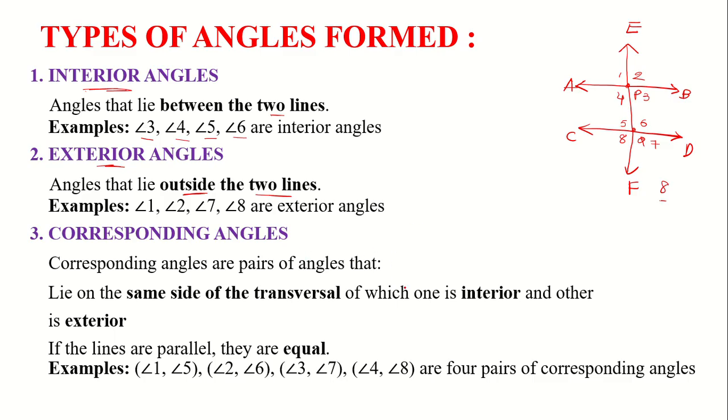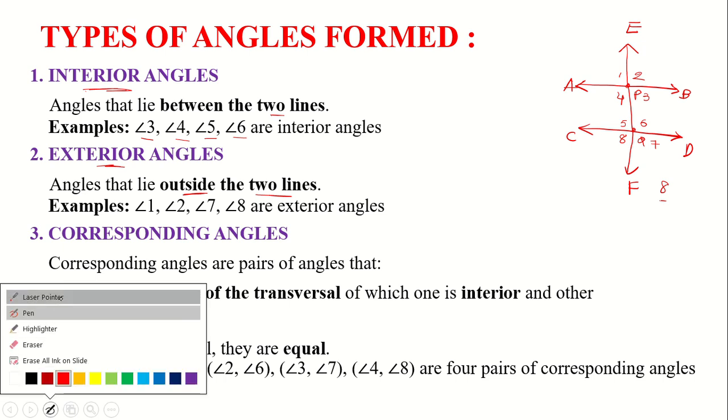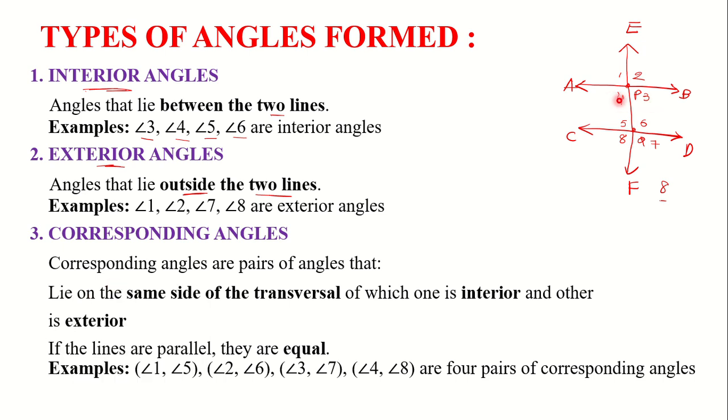So in the corresponding angle pair, one is your interior angle and one is your exterior angle. So what is interior angle? Which lies inside the lines. As you can see here, angle 4 is inside the lines. So out of the pair, one angle is your interior angle, which is angle 4. Now which angle do we need? We need an exterior angle, right? So the exterior angle here is angle 8.